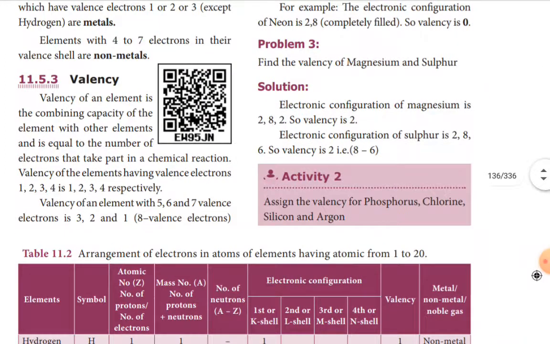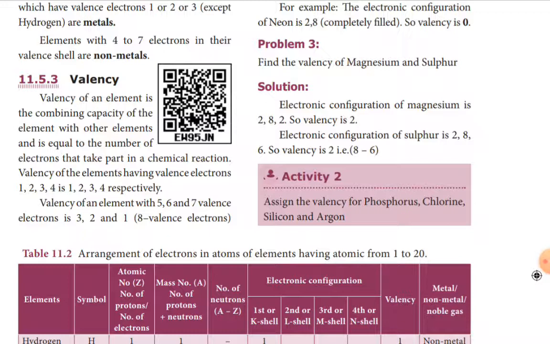Now see valency of phosphorus. What is the symbol of phosphorus? Capital letter P. Then you have to write the atomic number as subscript, 15. Atomic number 15 means 15 protons, 15 electrons. These two are always equal to one another.